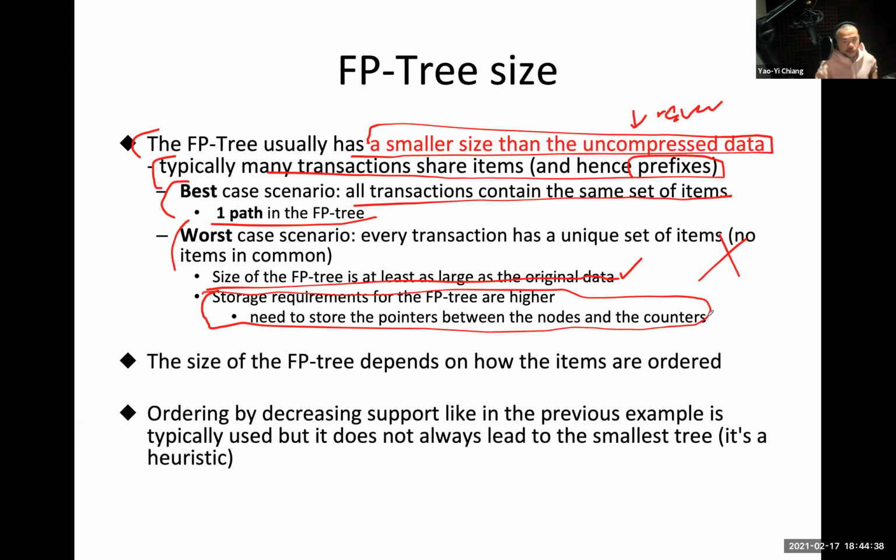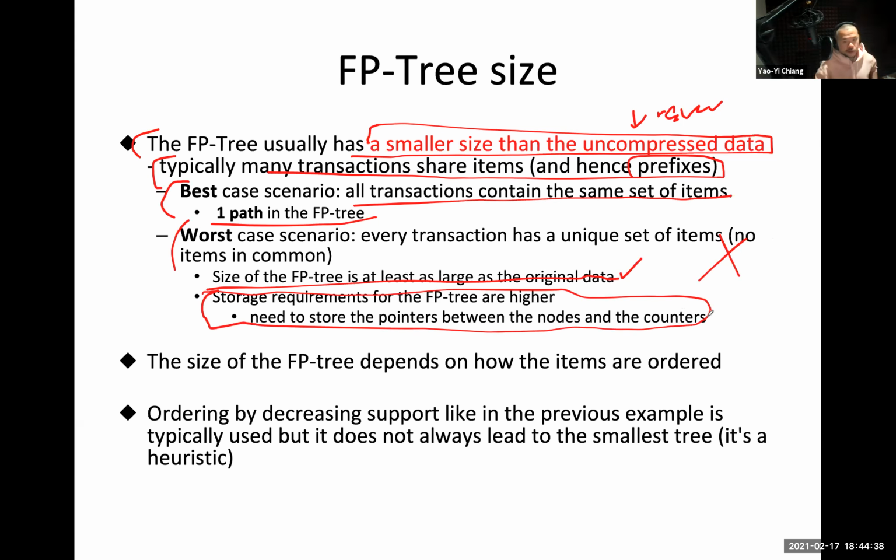The size of the FP tree depends on how the items are ordered. Why? Would anyone be able to answer this question? Well, the order of the items in a basket determines how many prefixes can be shared, right?